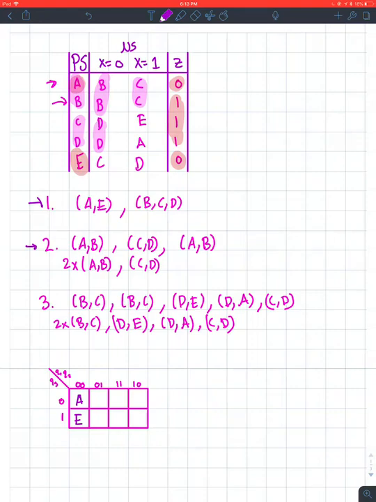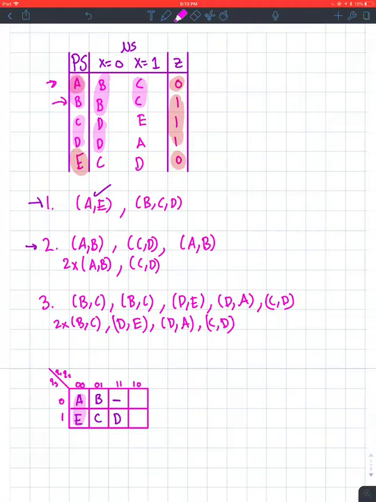I have AE and then B, C, D, and then I need A and B. This would be my don't care. So B, C, D is covered, A and E is covered, A and B is covered, C and D is covered, A and B again.